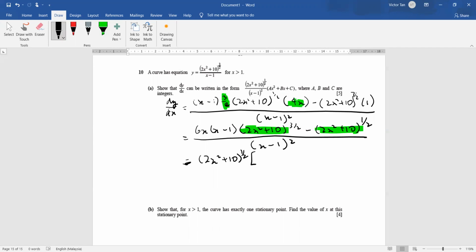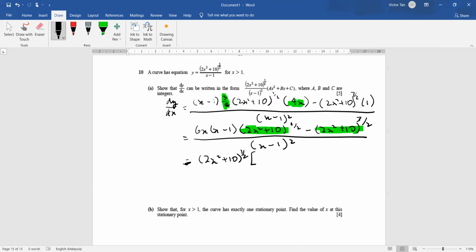Oops, I put the wrong one. Correct it. This one is half. This one is 3 over 2. This is half. This is 3 over 2.